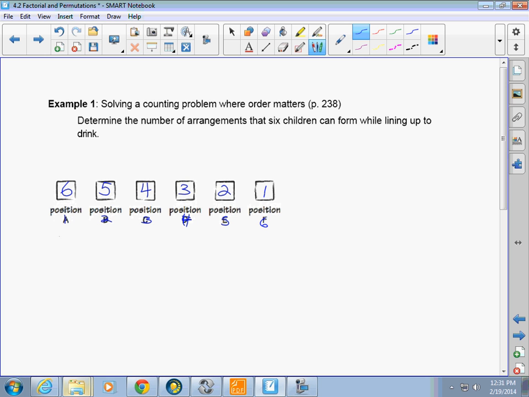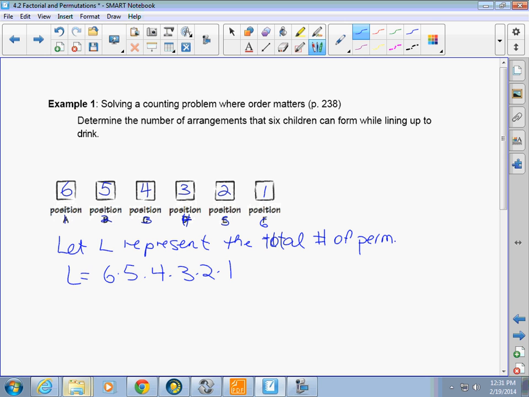If we let L represent the total number of permutations, I'm just going to write them as perms, then L is equal to 6 times 5 times 4 times 3 times 2 times 1.